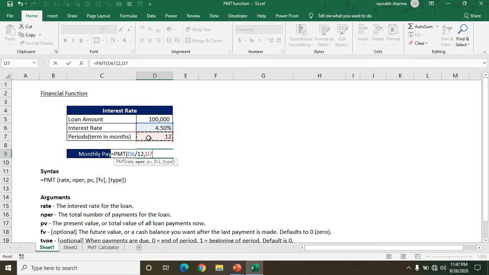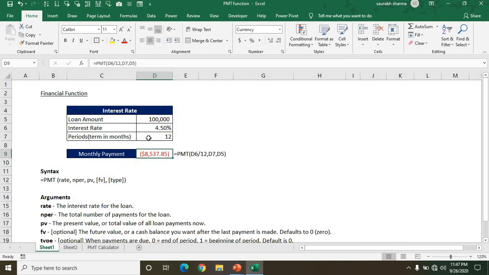Comma and the PV. PV is your actual amount, the borrowed amount. Then enter. Now see here, if the person is taking a 1 lakh loan at a 4.5% interest rate per annum, then the payment will be 8,537.85.